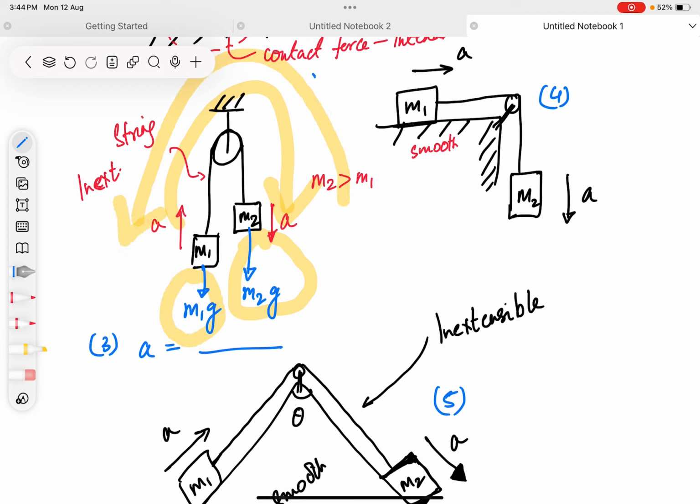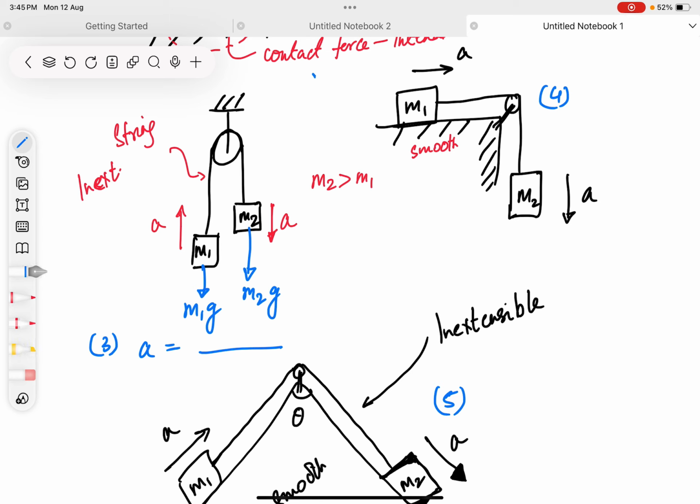Both of them will not occur, only one of them will occur. So therefore the one which is higher of M1G and M2G will decide the direction of acceleration. That's all.